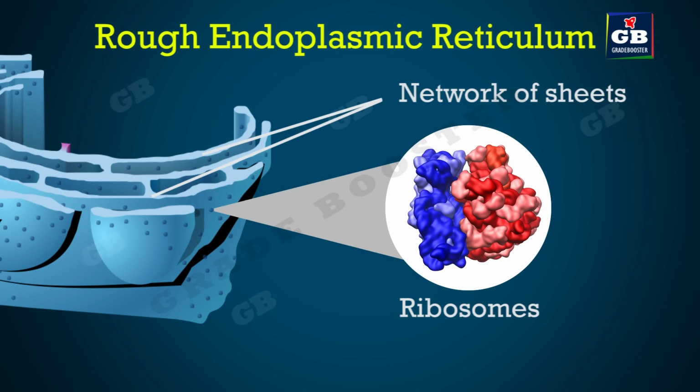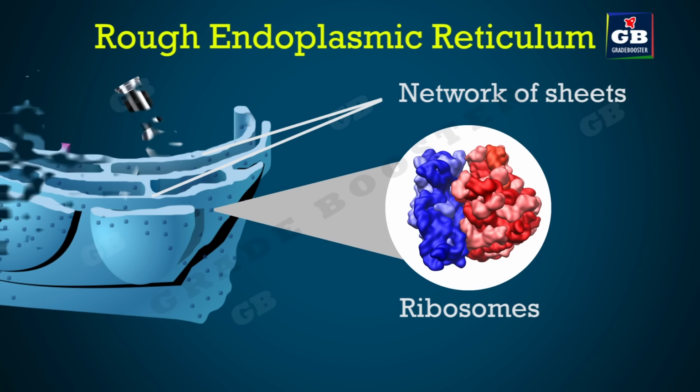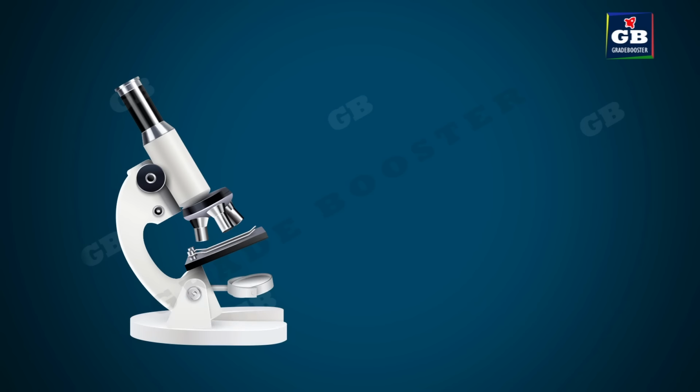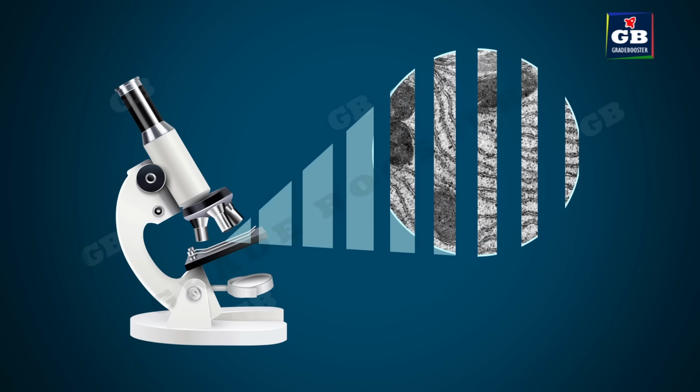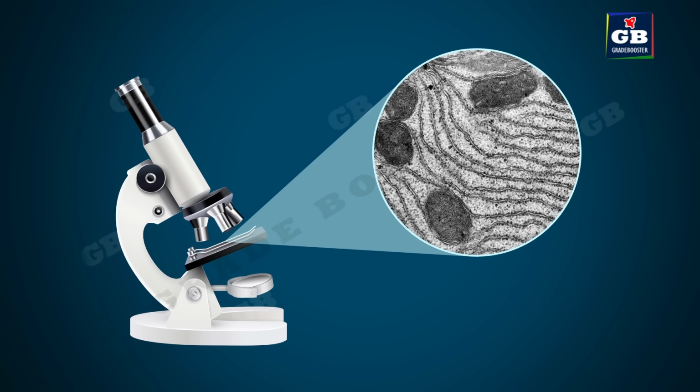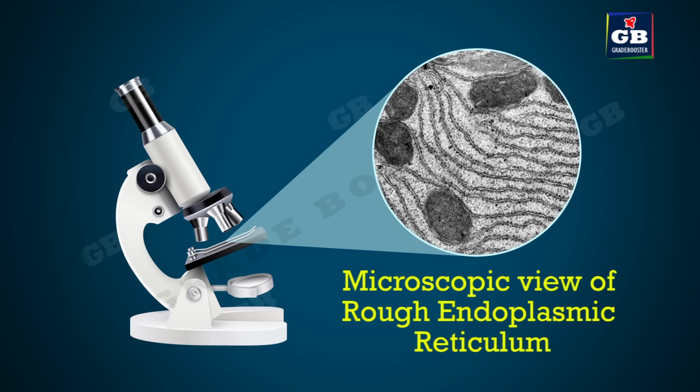These dot-like structures are ribosomes. Under the microscope, the endoplasmic reticulum with ribosomes has a rough appearance. So, that's why endoplasmic reticulum with ribosomes is called rough endoplasmic reticulum.